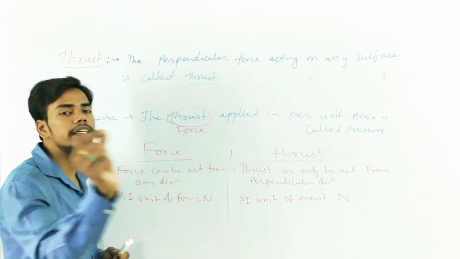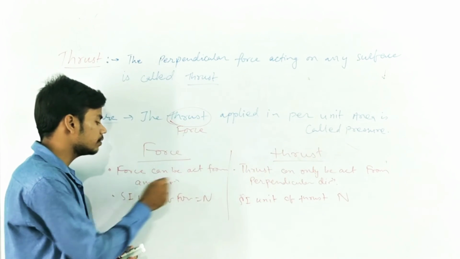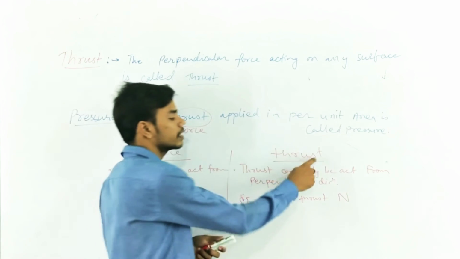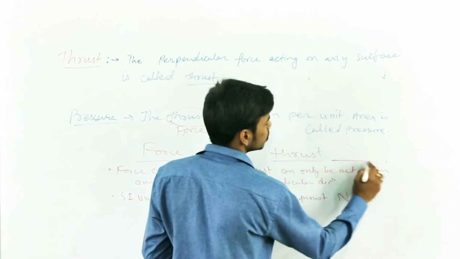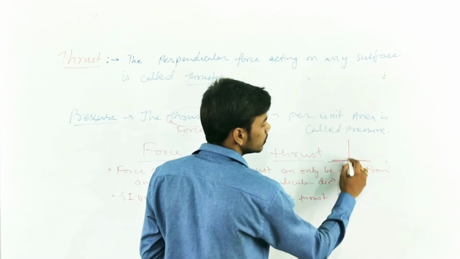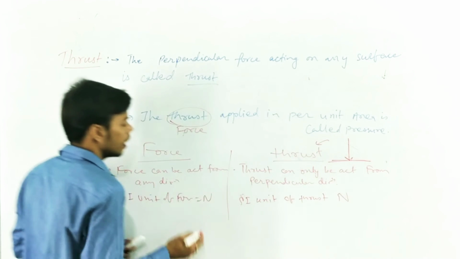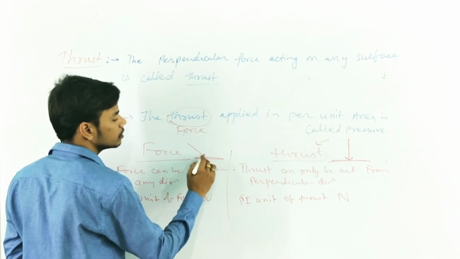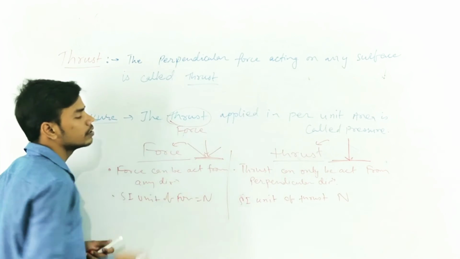Okay, but the only difference is that force can act from any direction and thrust can act only from the perpendicular direction. So suppose this is a surface and the force is acting only perpendicularly, then it will be called thrust. And if it is a surface and force is acting from any direction like that, then it is called a force.